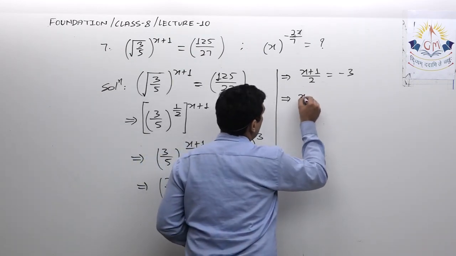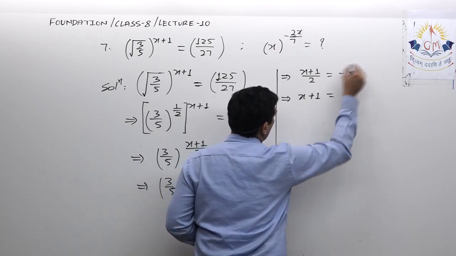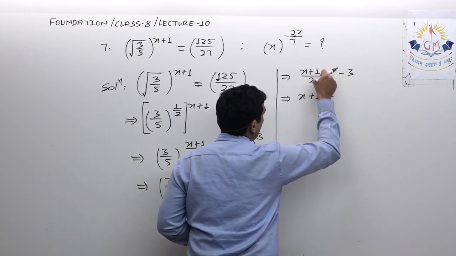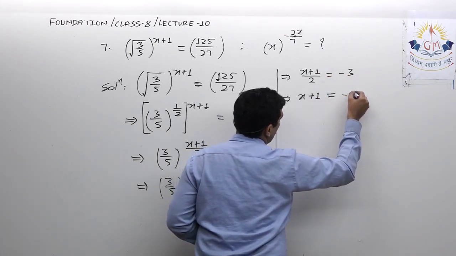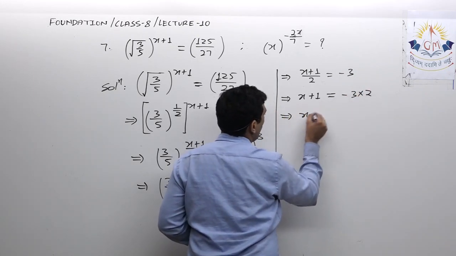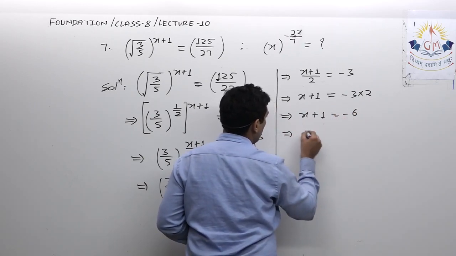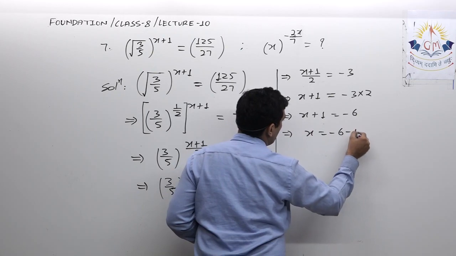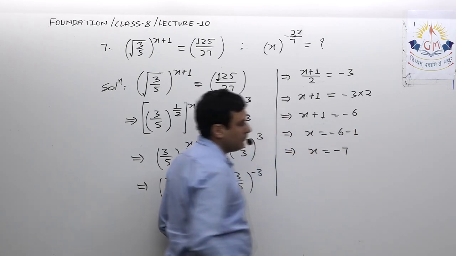So now we need to find x, so we'll keep x plus 1 over here. I will take this 2 on that side. Here sign between these two is division, so when we change the side, we change the sign. So this will become minus 3 multiplied by 2. So x plus 1 is equal to minus 6. Therefore x is equal to minus 6 minus 1. So ultimately x equal to minus 7.